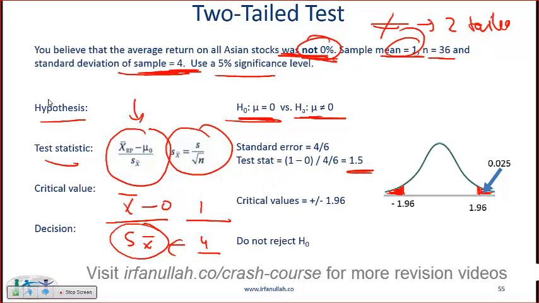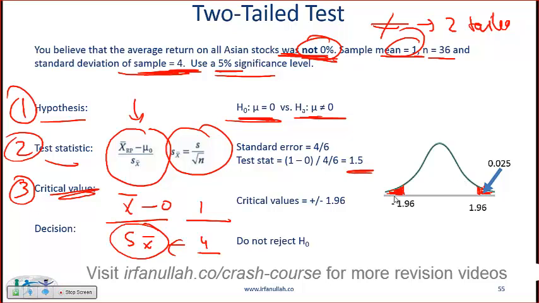So you set your hypothesis, item 1, you come up with a test stat, item 2, then given a critical value, this critical value comes based on the significance level. If you are doing a two-tailed test and the significance level is 5%, then the 5% is spread across the two tails.